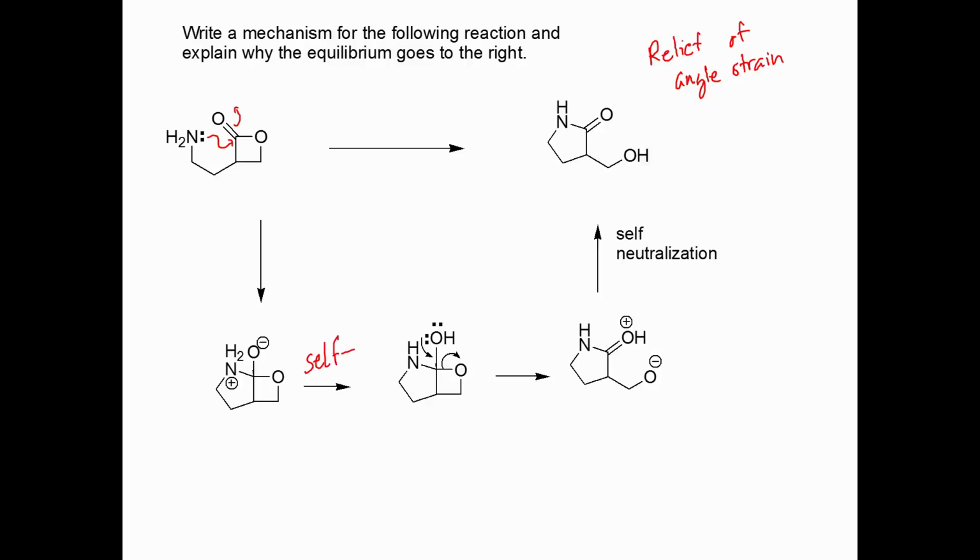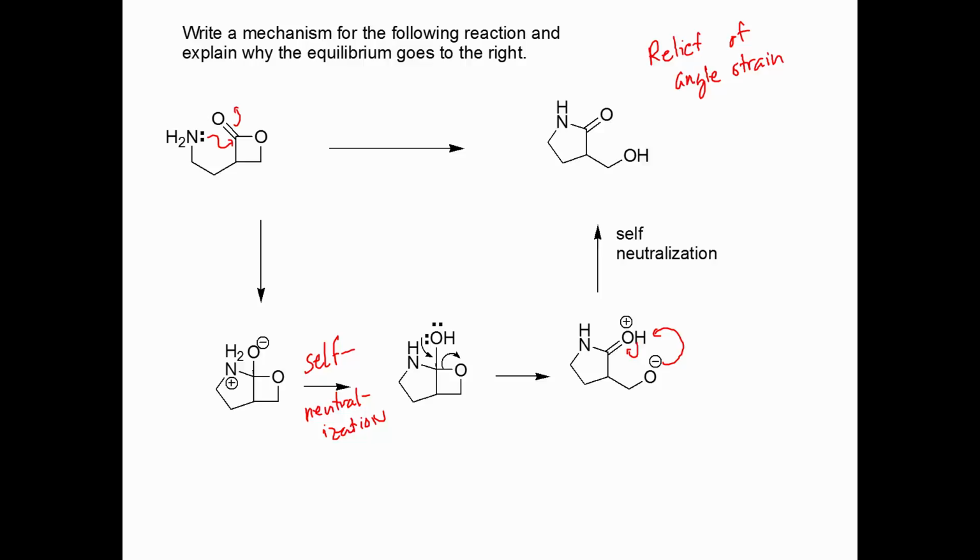That's what we call this process. Okay, we're doing it this way. We're opening the 4-membered ring, and this is going to remove that extra proton in another self-neutralization process, and that's going to give us the product.